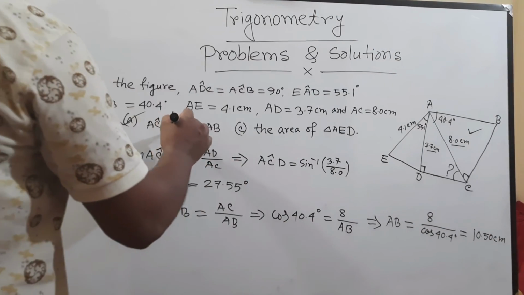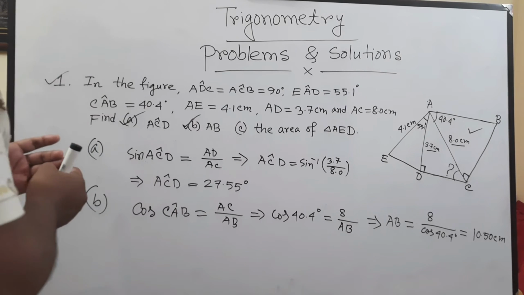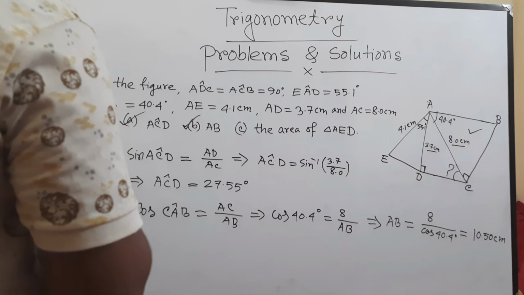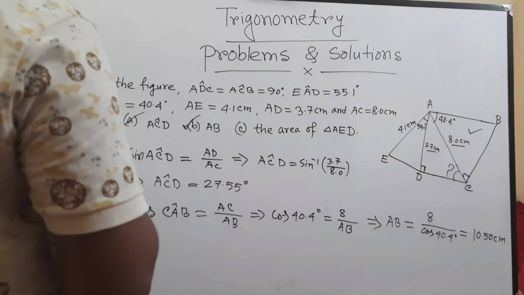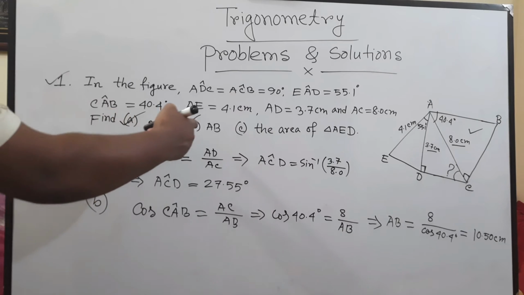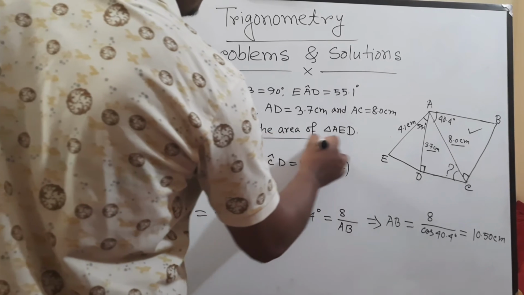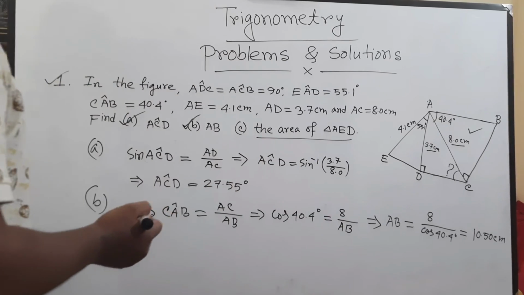So this is answer B. So this is so easy. You just need to know the ratio of the sine and cos. What is the formula of this? Then you can easily find the value of AB.